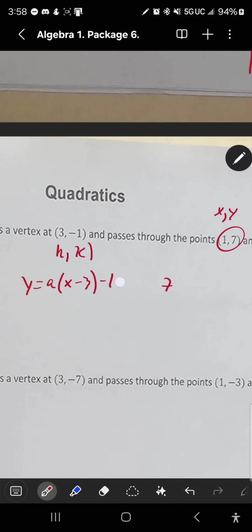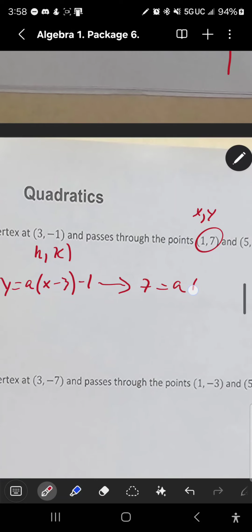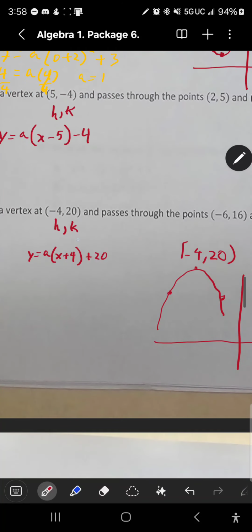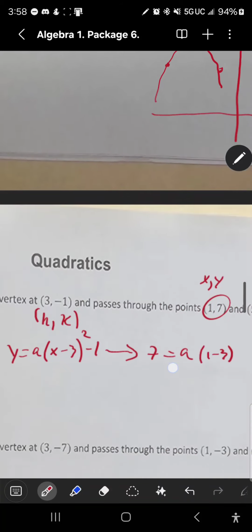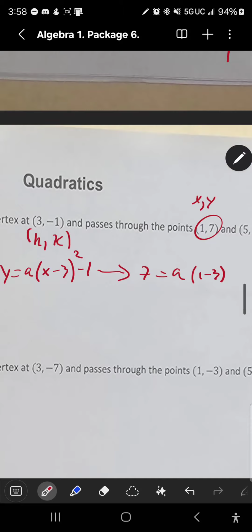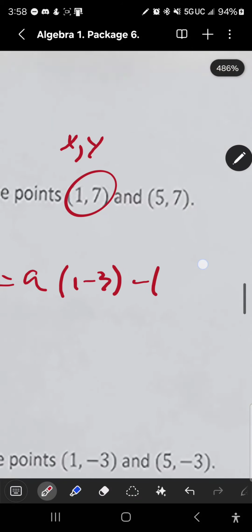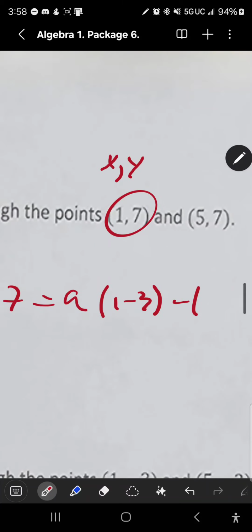So this will become 7 equals a(1 minus 3). Oh, I forgot the square here. And I also forgot it here. Be careful with this. Be really careful with that. So 1 minus 3 squared, minus 1, because I substitute the values.